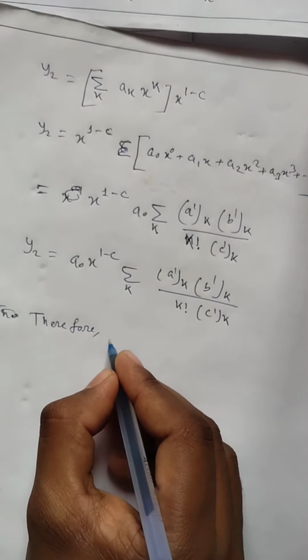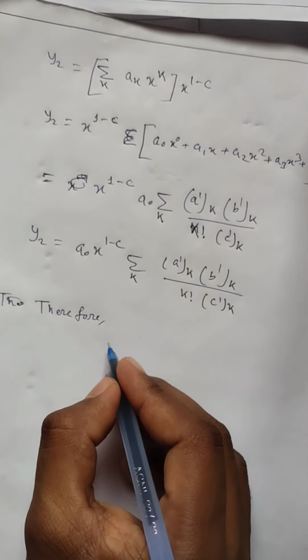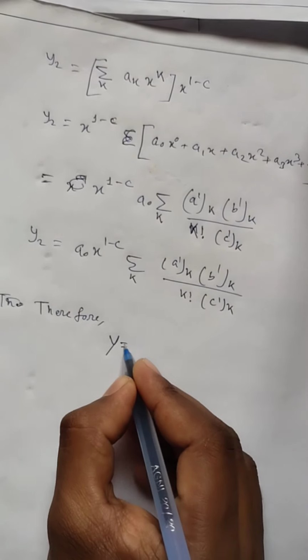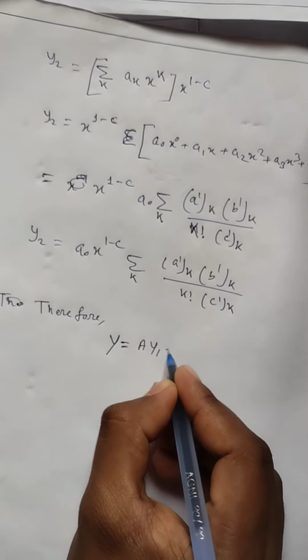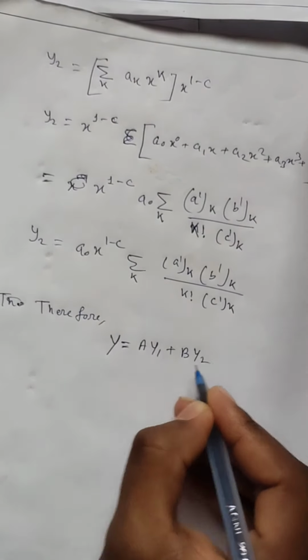So therefore the solution of the hypergeometric differential equation will be y is equal to some constant a y1 plus some constant b y2.